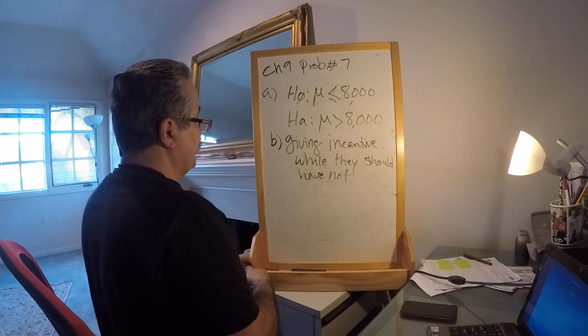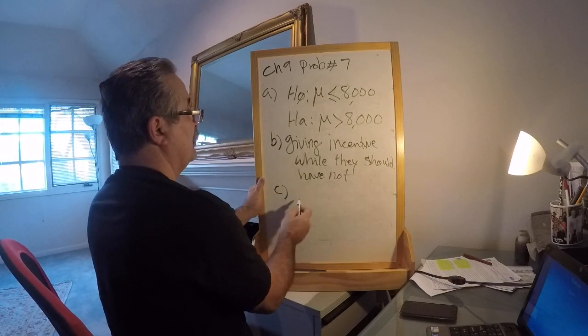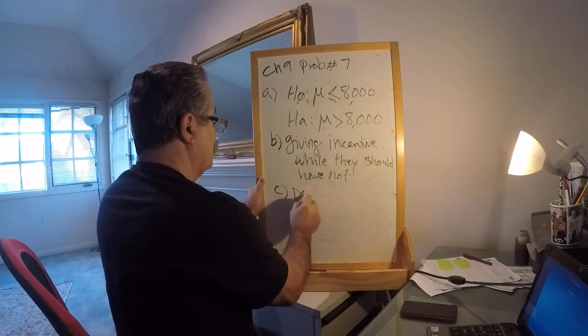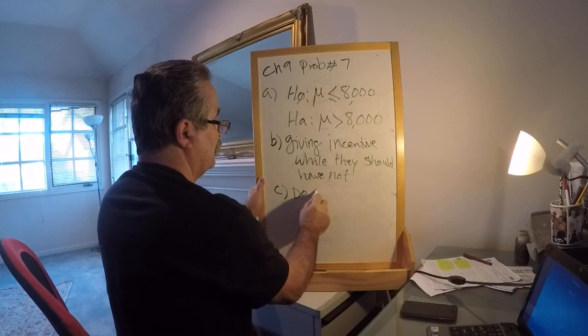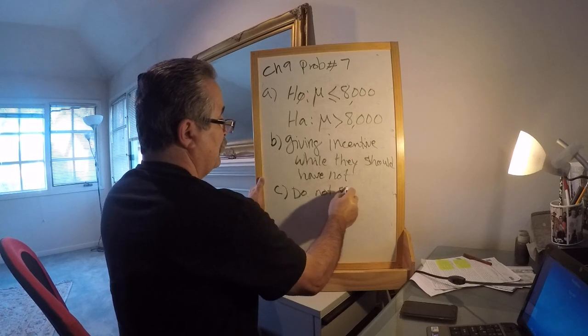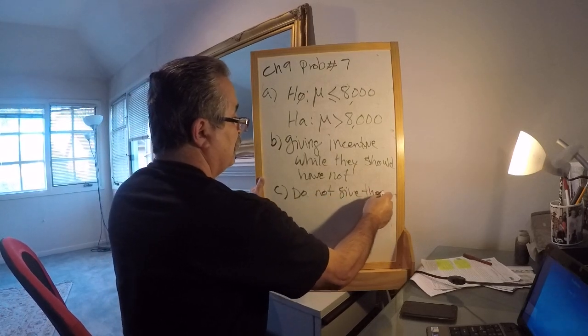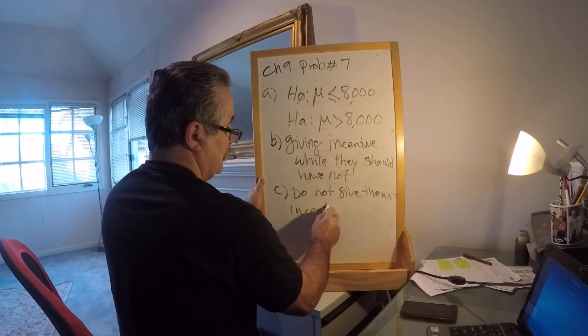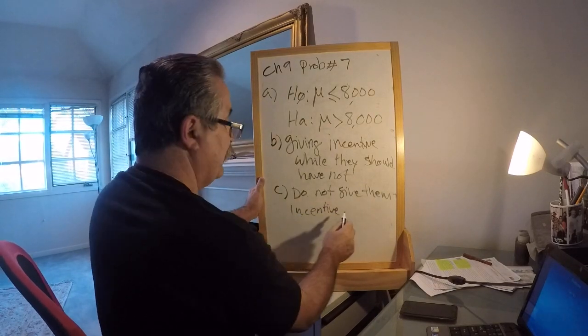And then part C is going to be different. Type 2 error is not giving them the incentive while they should have.